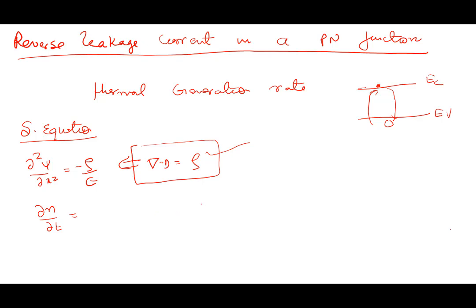What does the continuity equation that you just mentioned represent? Del n by del t equals 1 over q del Jn by del x plus Gn minus Rn. These are basic equations.